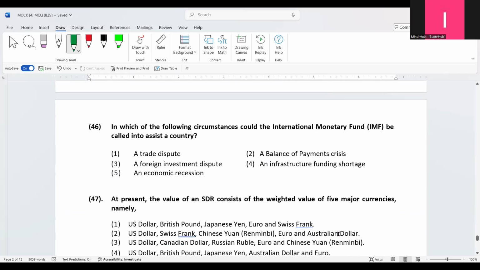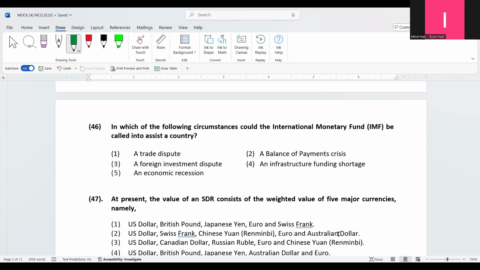In which of the following circumstances would the International Monetary Fund be called in to assist a country? What is the IMF's role? They are mainly there to help a country when they have, yes, an economic crisis, but mainly a foreign currency, balance of payment related crisis.